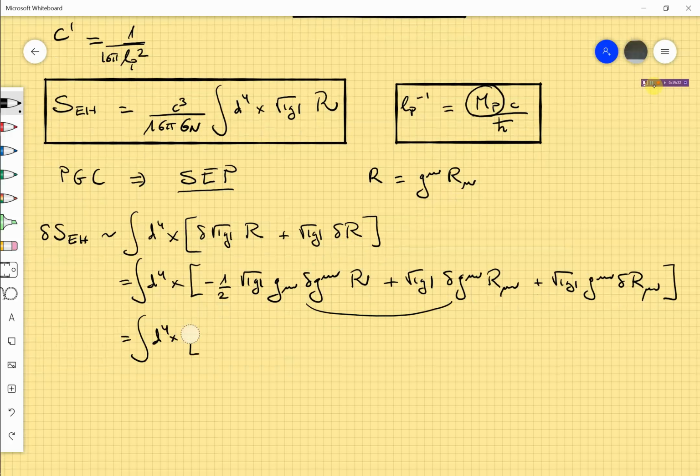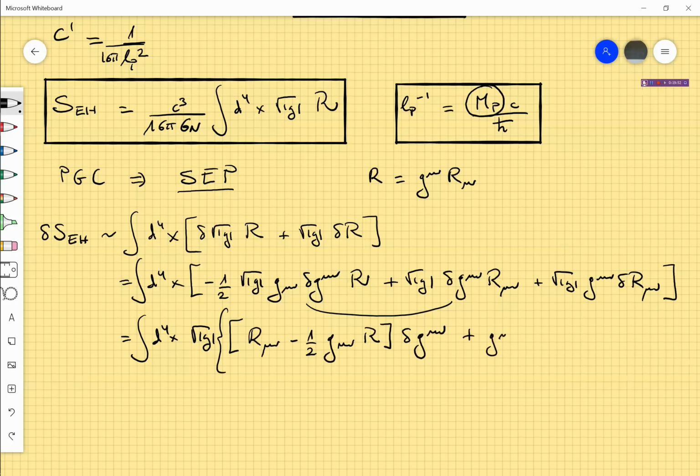And these are, the square root of g is a common factor, and then we have R mu nu minus a half of g mu nu R times delta g mu nu. But then there is another term, which is g mu nu delta R mu nu.